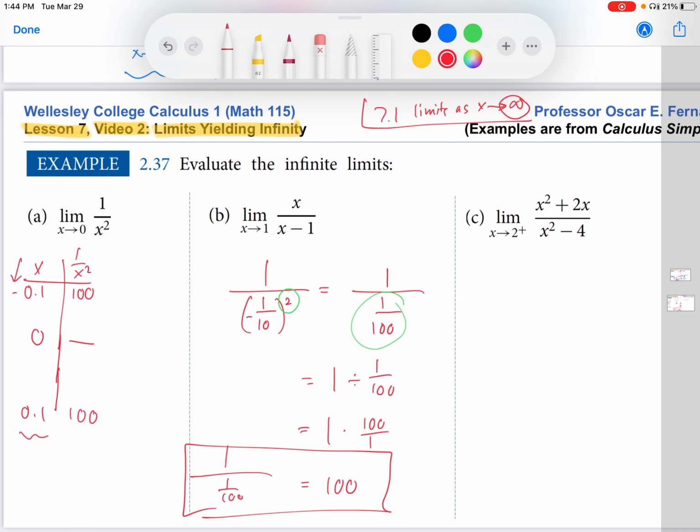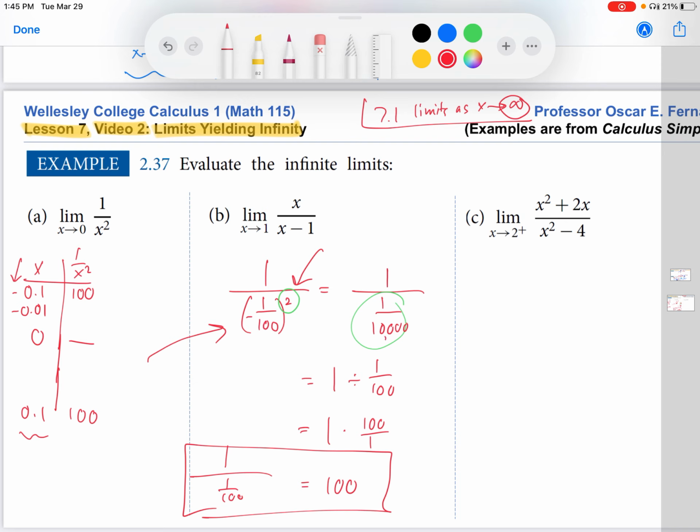All right, so what if I did negative 0.01? A little closer to 0. This is x equals 1 over 100. I'm squaring it, so I need 4 zeros: 1, 2, 3, 4. I square 100 and I get 10,000.